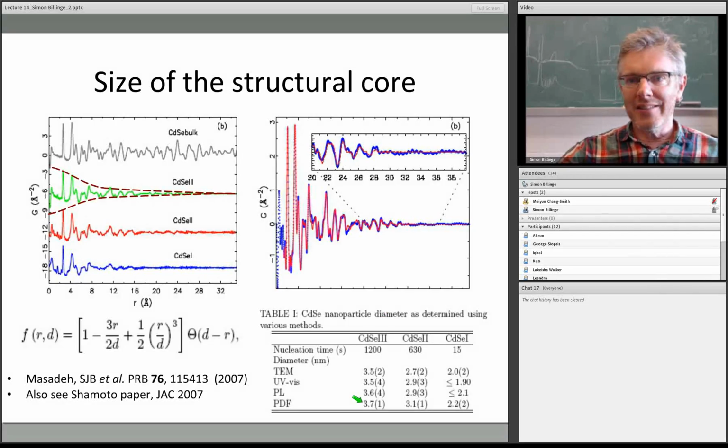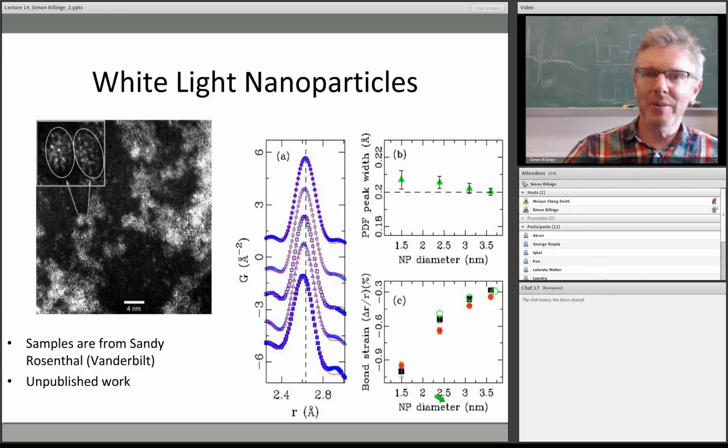And other measures of size, like directly observing it in TEM or using some calibration curve of the UV-vis absorption or the photoluminescence, we're in good agreement. We're much more sensitive to the size than other techniques when we have very small nanoparticles. So we can get the size, we can get the structure.